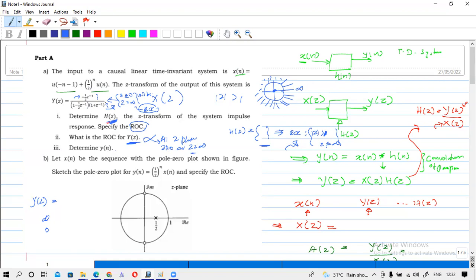Now determine y[n]. How to determine y[n]? Can anyone tell me? You have to find the inverse transform. What is the method?